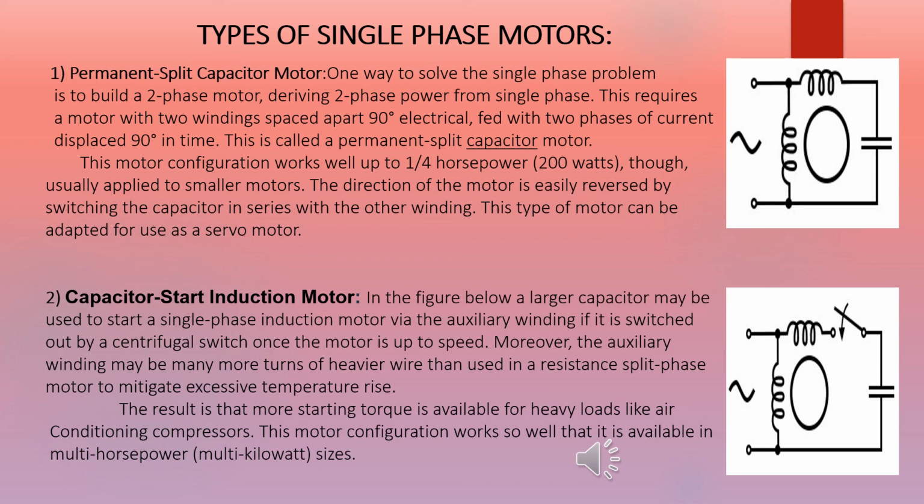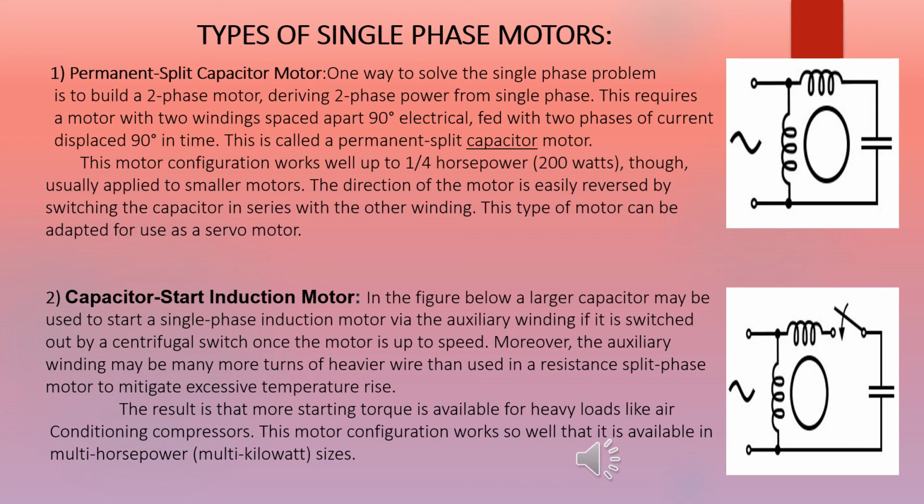Second is the capacitor start induction motor. In this figure, a capacitor of a very large value is used for starting the single phase motor via the auxiliary winding. So which is the primary winding? The primary winding, as you can see in the figure, is the winding where there is a symbol of alternating current.